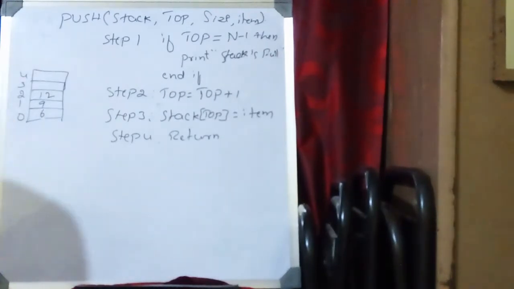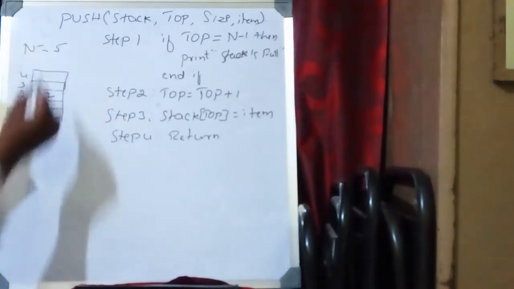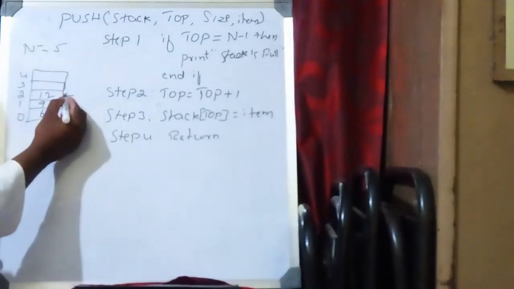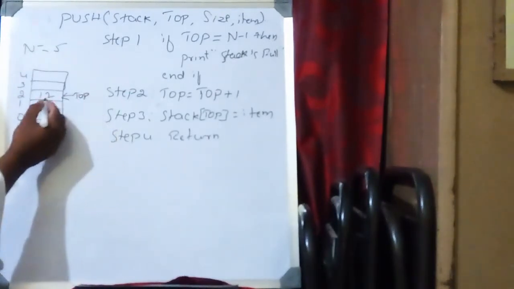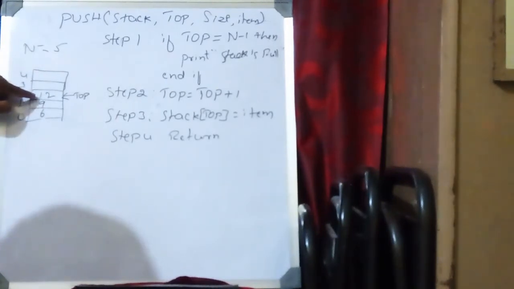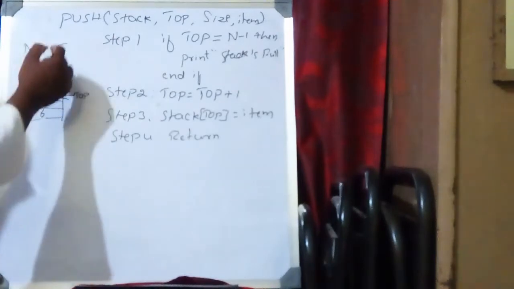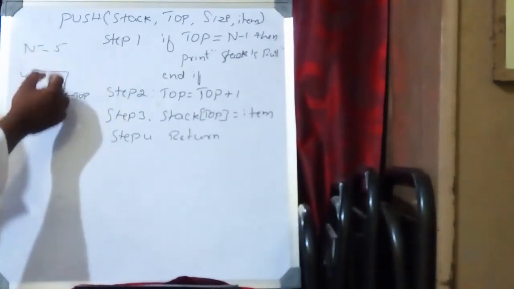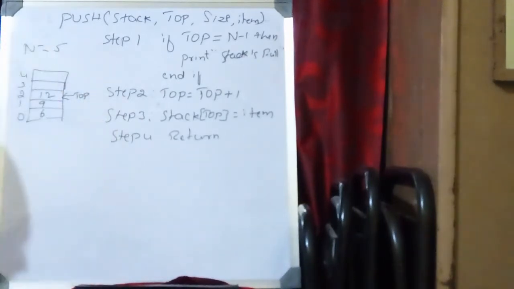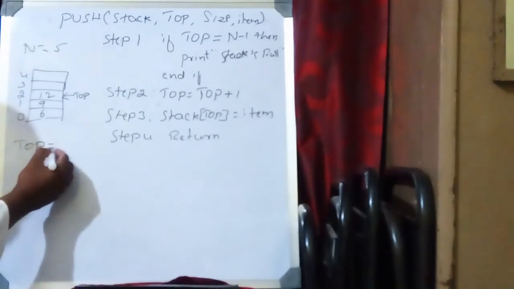Here n is equal to 5. Clear? Here it's checking the condition. This is the top now. Top is a pointer which contains the top element, the recently added element. We always add a value from the same end. We can add a value from here, and we can remove a value from here only. This is top. Top is nothing but 2. Here top is equal to 2.